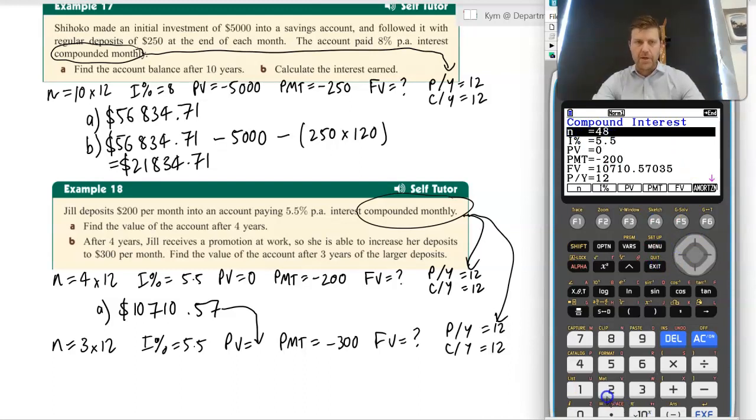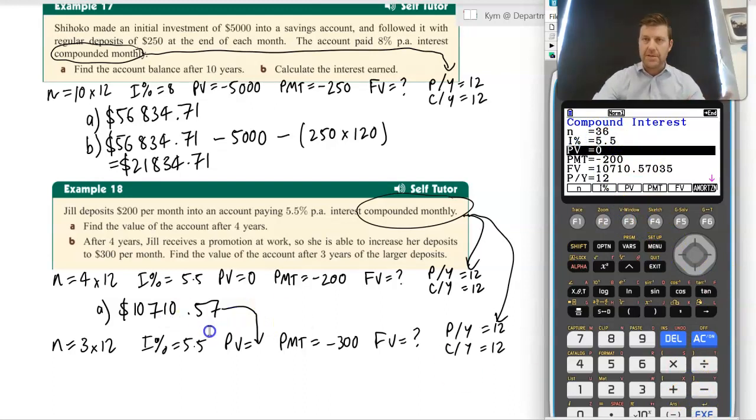The number of periods to start with becomes 36, or 3 years compounded monthly. The interest rate remains the same. The present value that we're starting with is now $10,710.57. Now remember, this is still going to be a negative number, so put it in as minus $10,710.57.